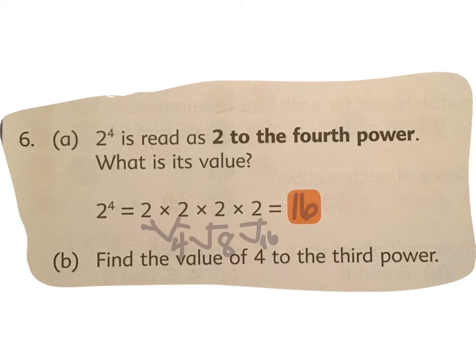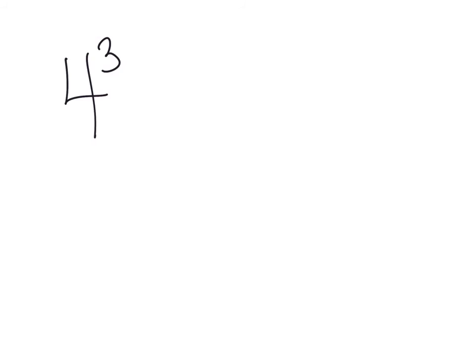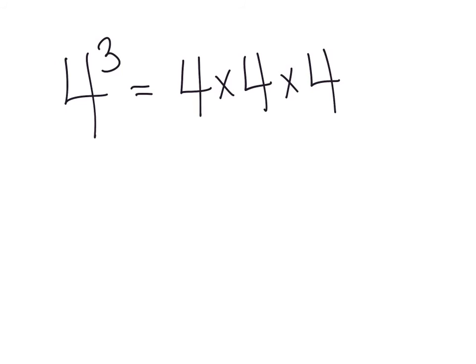I want you to find the value of 4 to the third power. And write this in your tasks. So when you did this in your notebook, you should have gotten 4 times 4 times 4. Because 4 to the third exponent, there's going to be 3 4s.